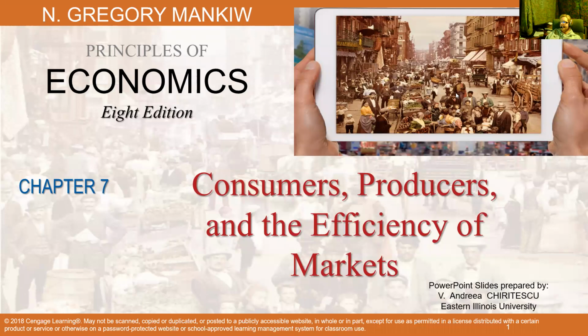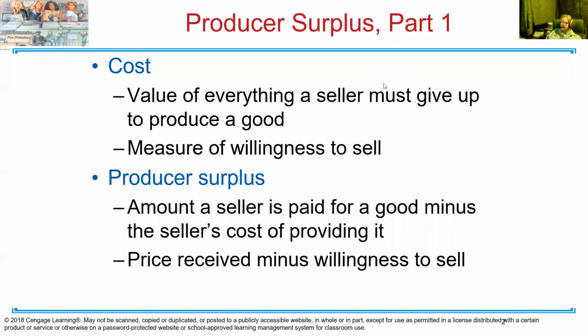Now we're ready. Okay, so we are looking at the producer side of this equation, if you will, of trying to get to market efficiency. So first of all, what we want to make sure we understand is that cost is related to the supply curve.